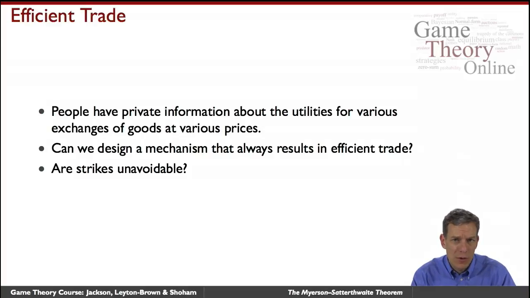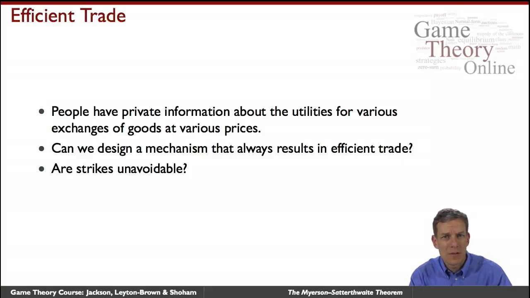And the conclusion that we're going to find out of this result is that if it's not always completely obvious that a trade should be taking place, then it's going to be impossible to align incentives to get efficient trade out, even just in a Bayesian incentive compatible way. And so we're going to look at a very, very simple trade setting.